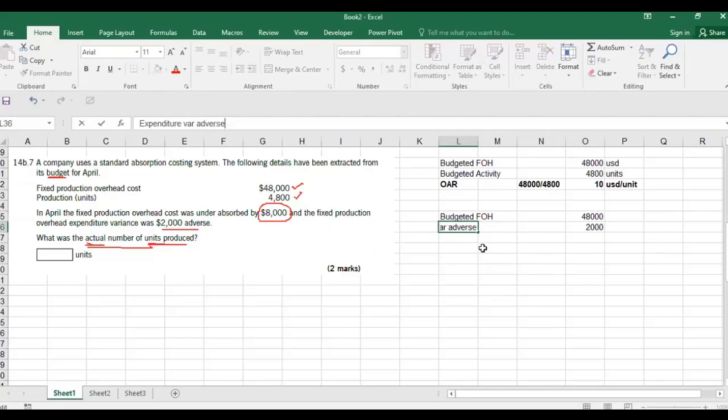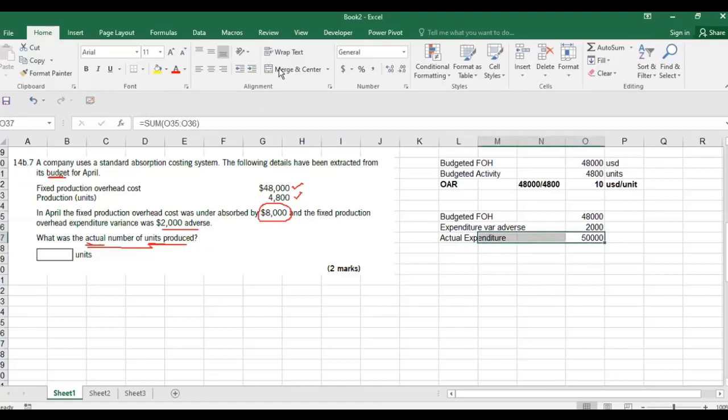Adverse means that you spent more. Because budget was 48 and you had 2,000 adverse variance, which means you spent more, you actually spent 50,000. So actual expenditure is 50,000.